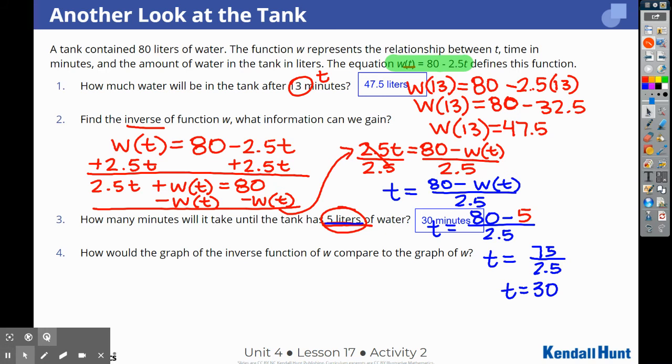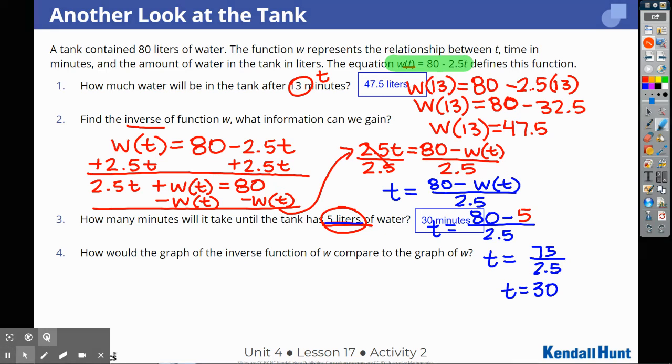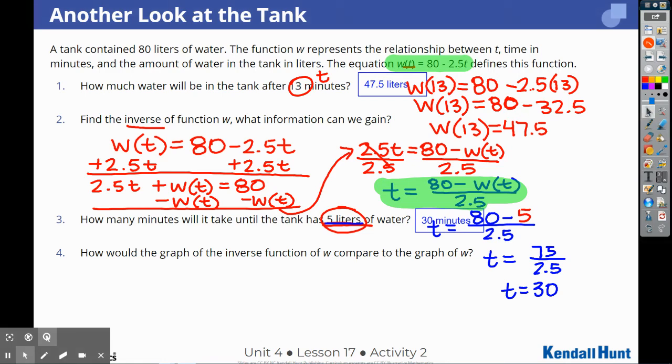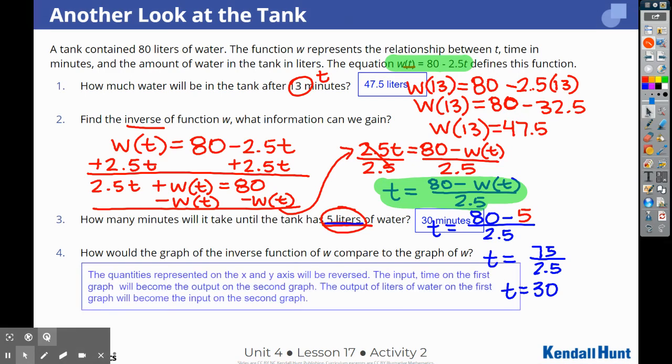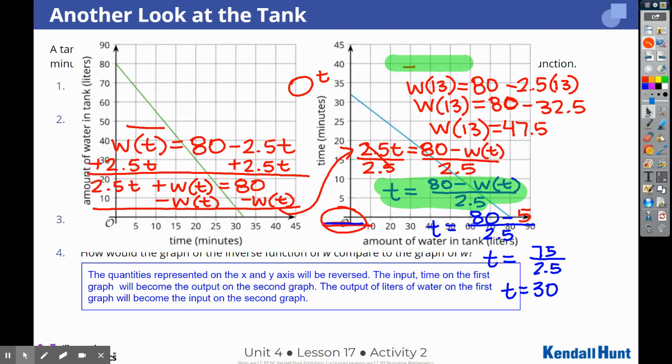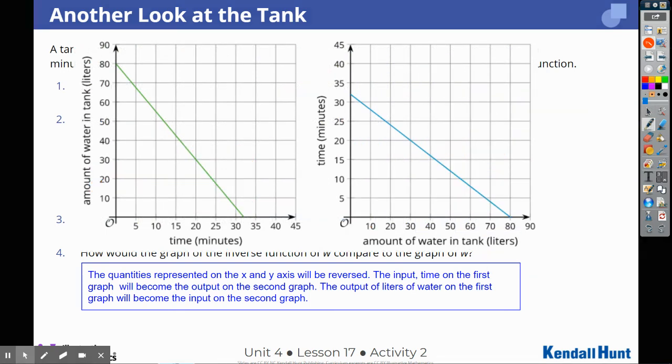And we have our inverse function, which is t equals (80 minus W of t) divided by 2.5. So how do these two graphs compare? Well, let's look at them. So our graphs, which pop up here, we have our input on the first graph is our time, and our output is the amount of water left in the tank.